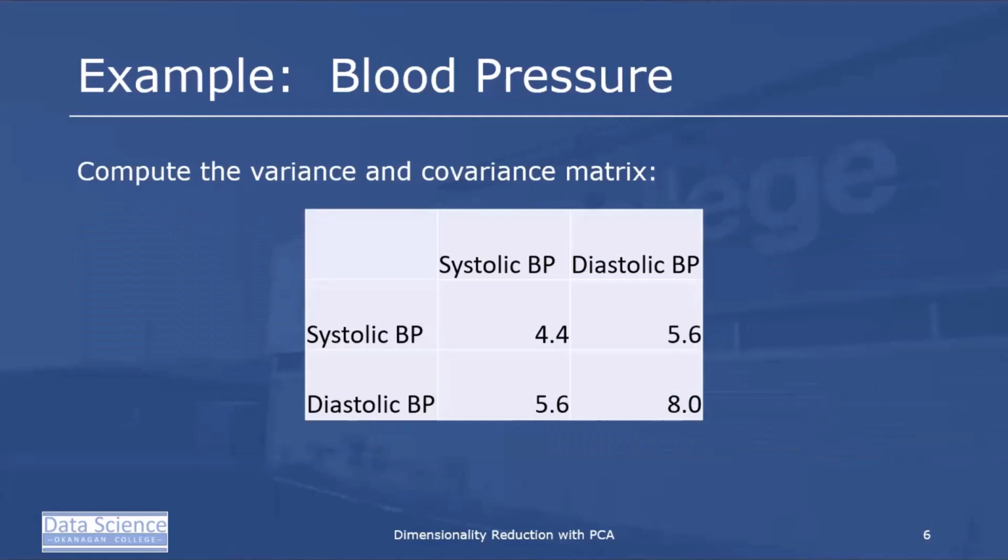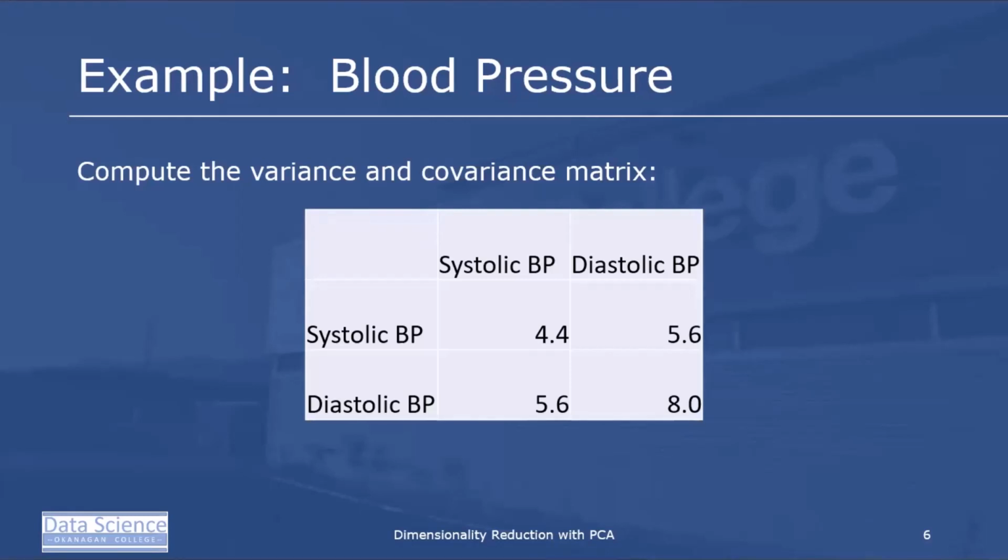Next, we compute the covariance and variance matrix for the systolic and diastolic blood pressure data. We're then going to use this matrix to find our eigenvectors and eigenvalues. So we take this matrix and subtract lambda I from it.